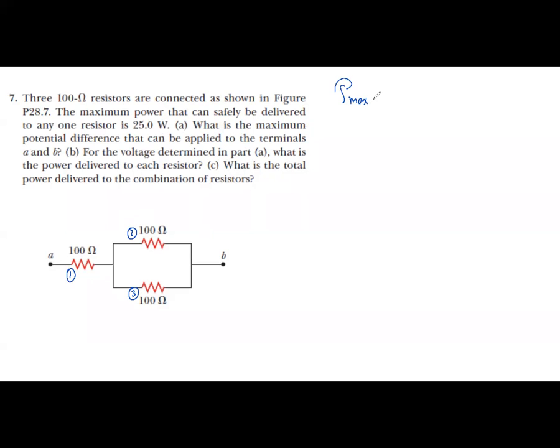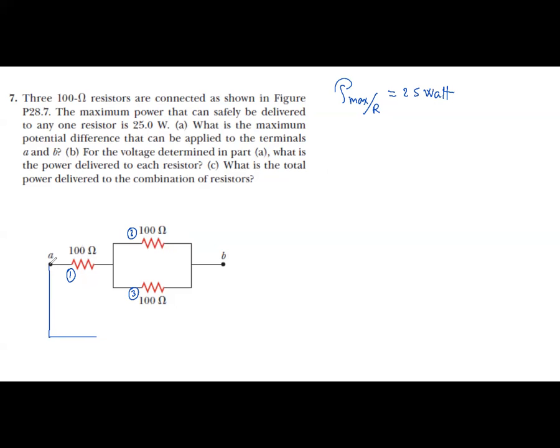So the power of one resistor equals 25 watt. Let's continue. What is the maximum potential difference that can be applied to the terminals A and B?